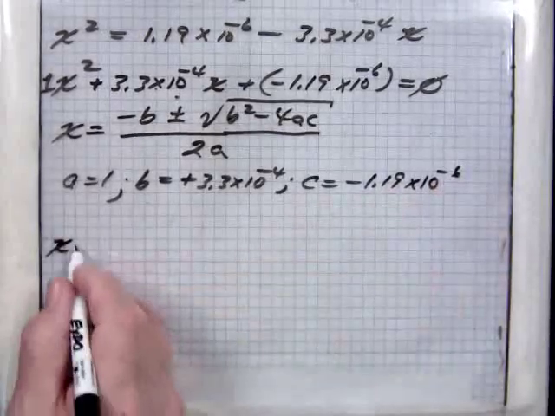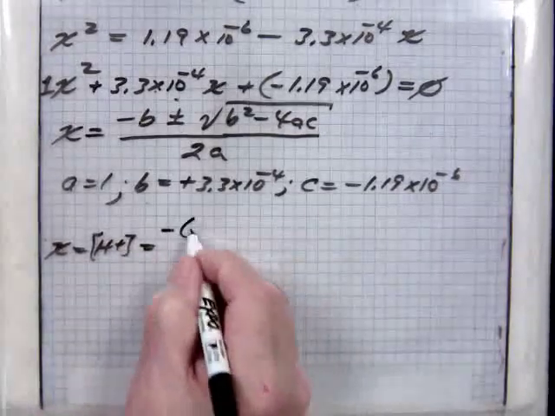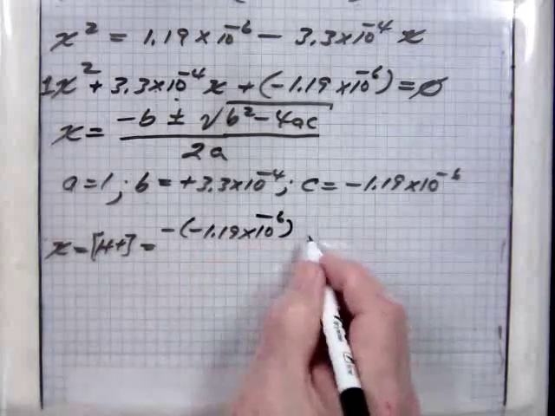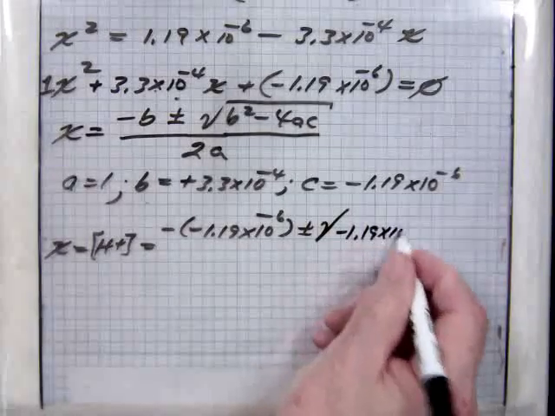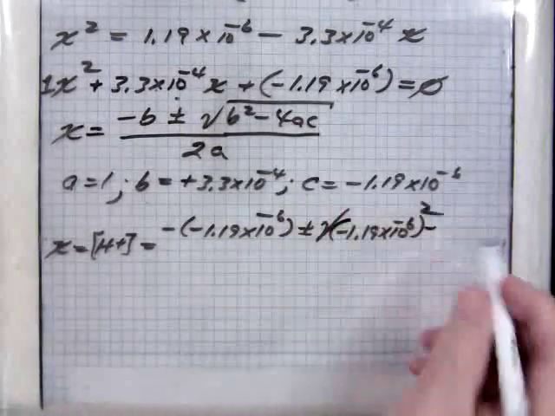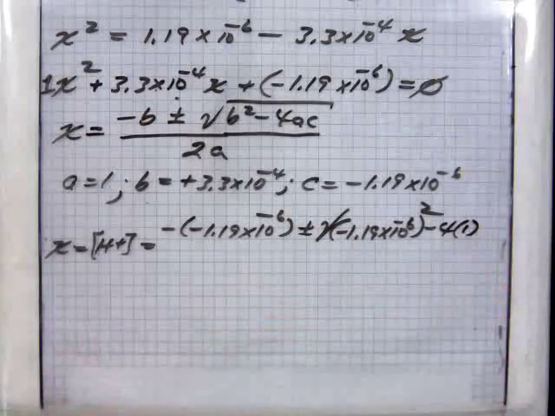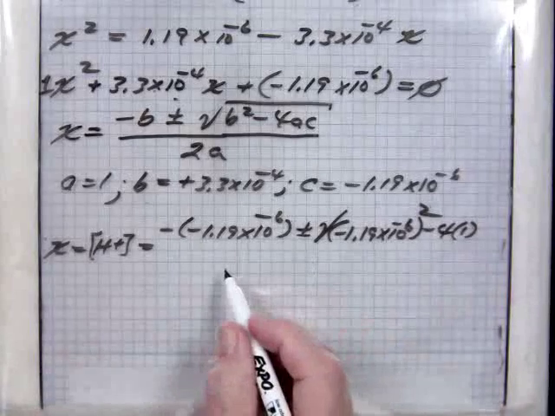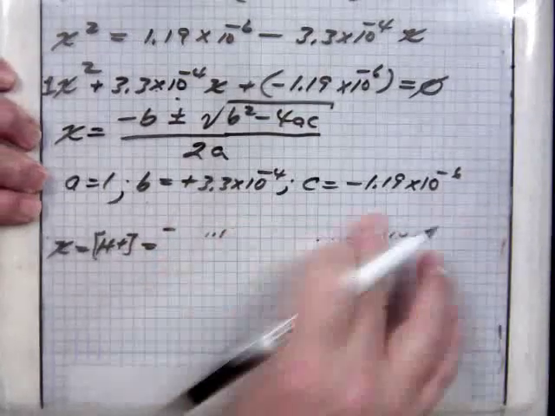So now x, which is of course the hydronium ion concentration, equals minus... I keep picking up the wrong number. My apologies.